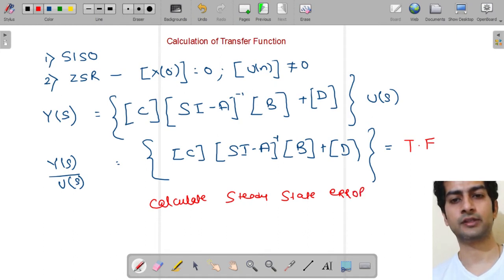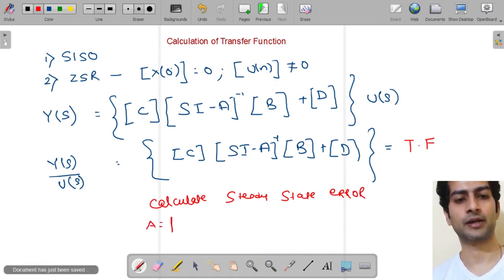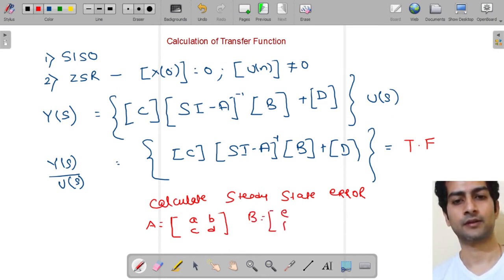In this, what will they give you? They will give you a matrix. Suppose it is A, B, C, D. They will give you matrix B also, C also, and suppose D also.